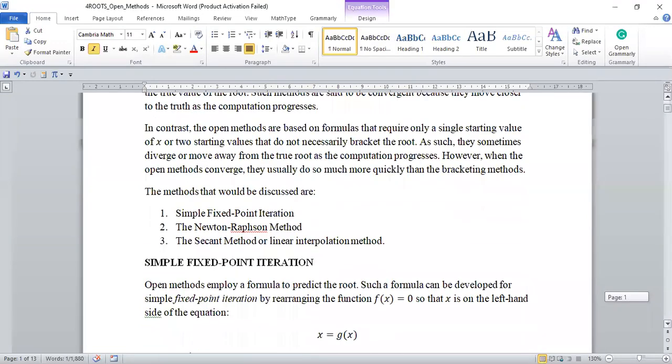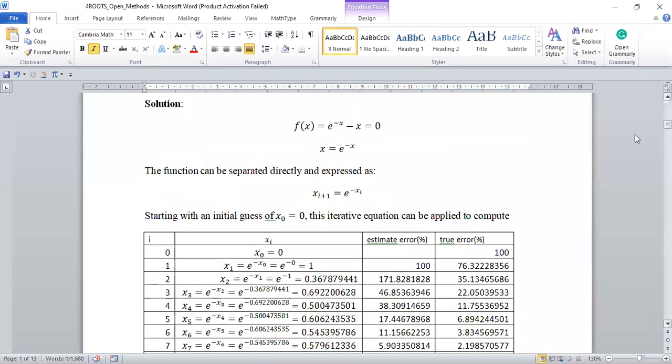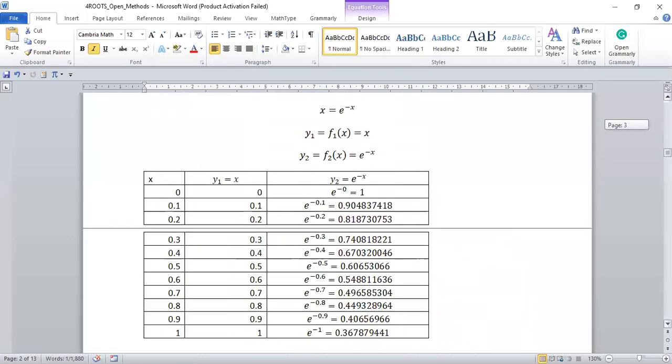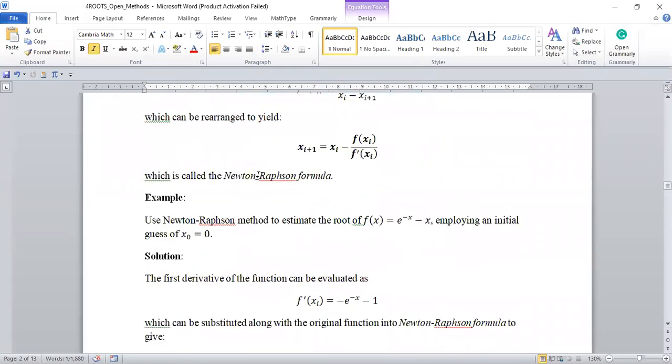Like in the case of fixed point iteration and the Newton-Raphson method, it's just one guess you had. So you will not be giving a lower limit or an upper limit.